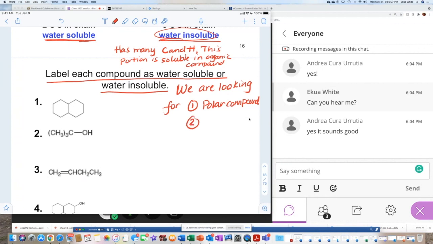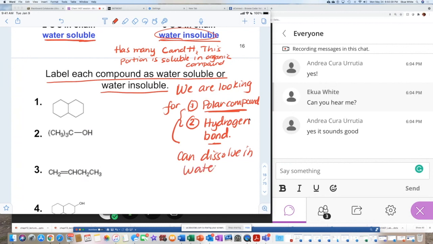Number two, we're looking for hydrogen bond. So water is both polar and can hydrogen bond. That would be the easiest one to tell in the compound. Or we're looking for polar bond. So polar bond is more like, yeah, this one can dissolve in water too. So let's go through looking for these two things. Any one of these two can dissolve in water.